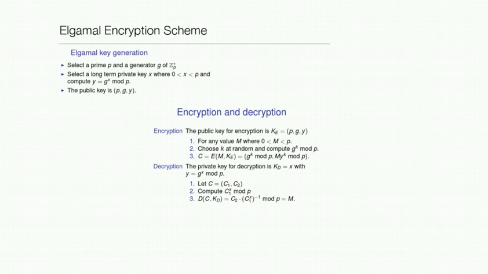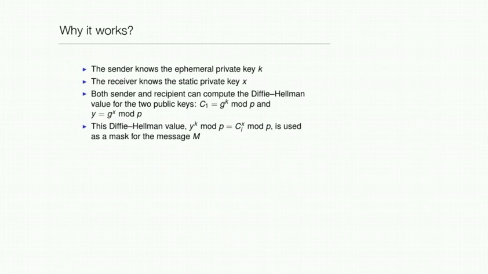And why it works: the sender knows the ephemeral private key K, which is the random value he chooses. The receiver knows the static private key X, which is the long-term key. I said that static keys are used to provide authentication, and because of that, the sender can use the public value published in the directory for the encryption.